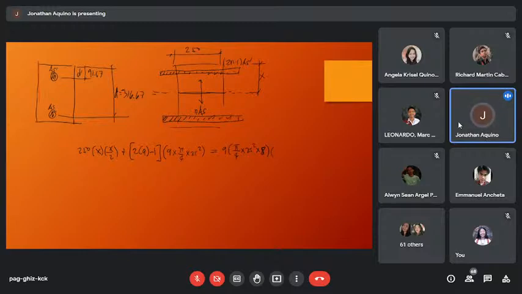The lever arm is D minus X. For the compression steel, the lever arm is X minus D prime. So we have the values of D and D prime. Substituting them, X is equal to... kindly solve the value of X.